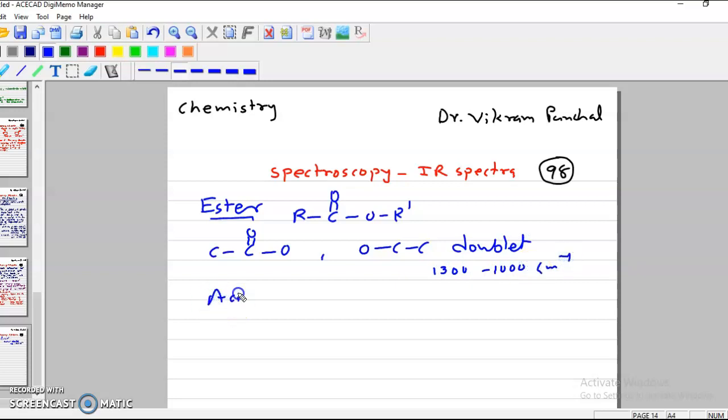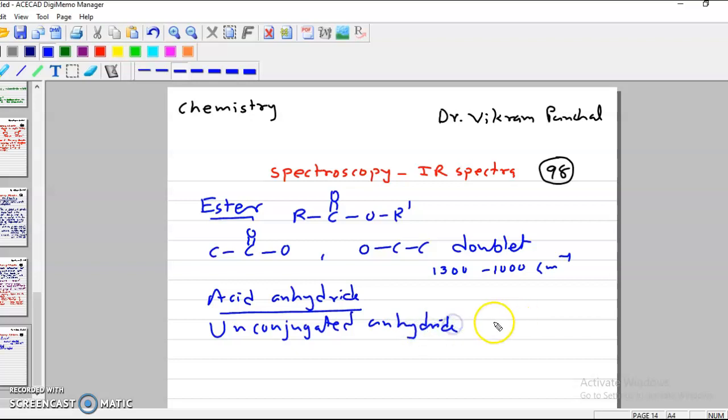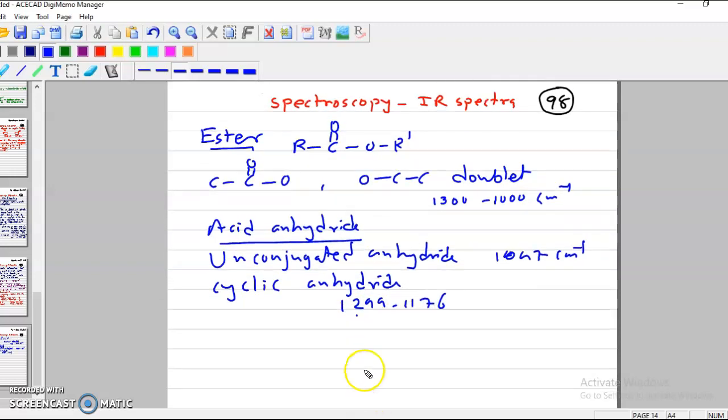In case of acid anhydride, we observe that unconjugated anhydride gives 1047 cm⁻¹, and cyclic anhydride will give a band at 1299 to 1176, and one at 952 to 909 cm⁻¹. So that's it about C–O.